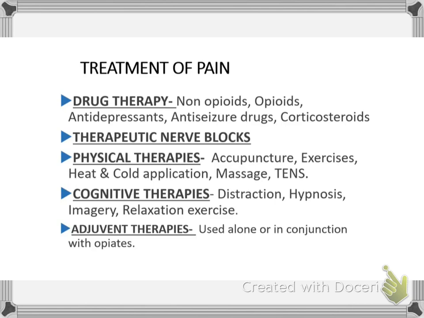Adjuvant therapies. So the adjuvant therapies, again, would be like your gabapentin. What are some other ones that you guys have heard about that we use for different things? Most of the time it's for neuropathic type pain or headaches. Right, so Cymbalta, Lyrica, that class of drugs.